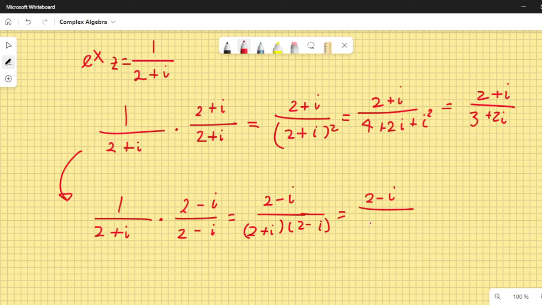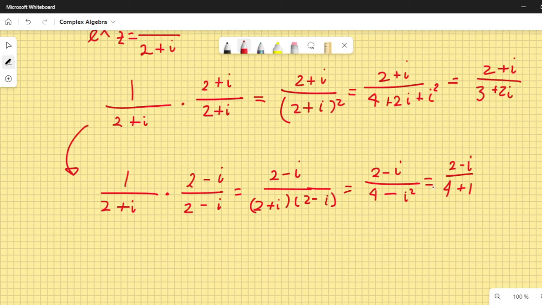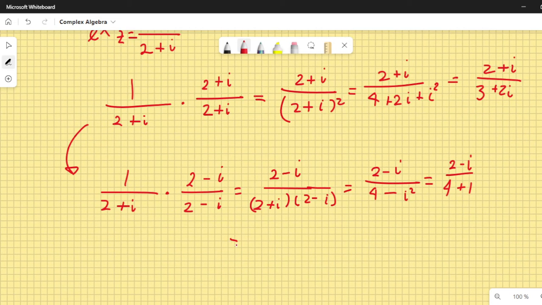It's the square of the first, which is a 4, minus the square of the second, which is i squared. And squaring the i will give me a minus 1. So it's 2 minus i over 4 plus 1, right? Because i squared is minus 1. With this minus, you get a plus 1. So it's basically 2 minus i over 5.